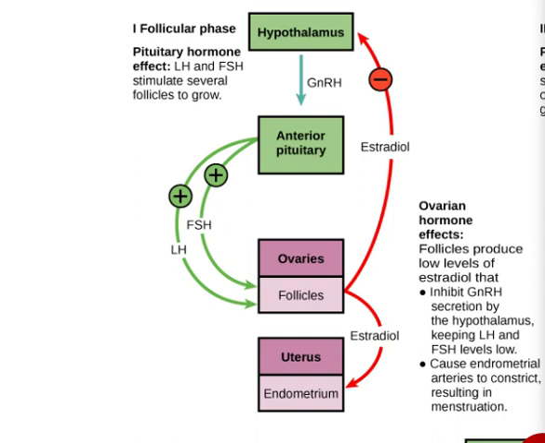Then, so as we said, these two hormones will be released, and what does FSH do? Again, it stimulates the follicles, as you can see here again. So now we also have a different hormone. It's called progesterone.